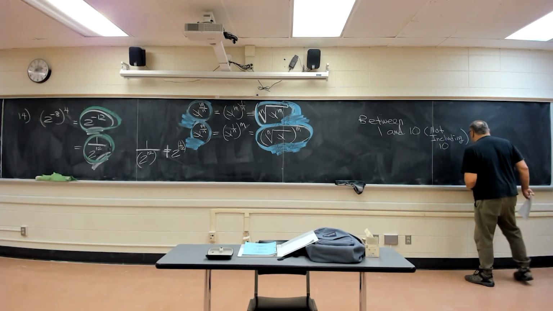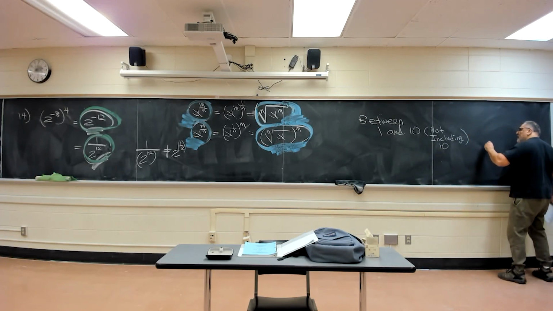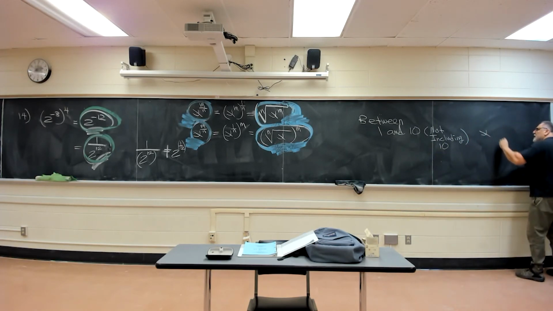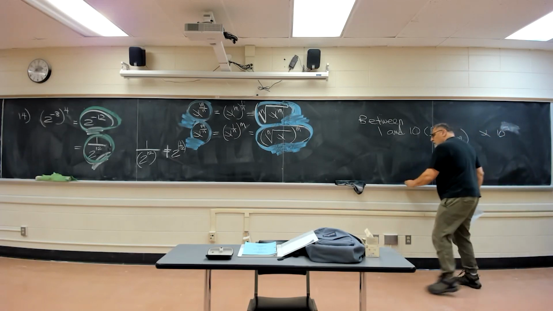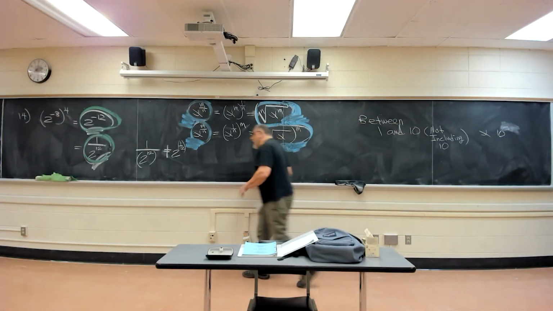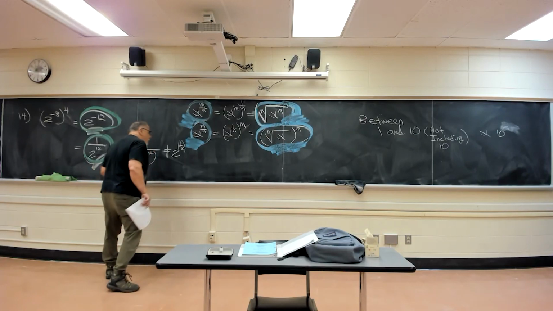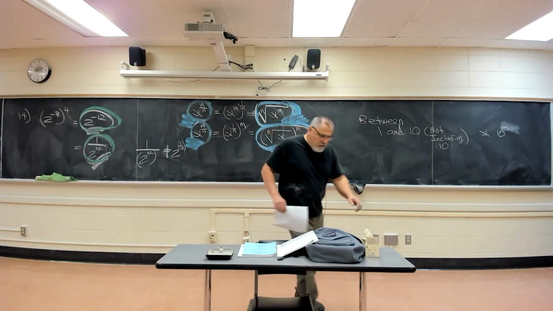Between 1 and 10 is the lead number times 10 to the 1, 10 to the negative 1, 10 to the negative 2, 10 to the negative 10, 10 to the 100 if it's a huge number, et cetera. You go for the lead number, guys, being that way. So let me just see what I got.